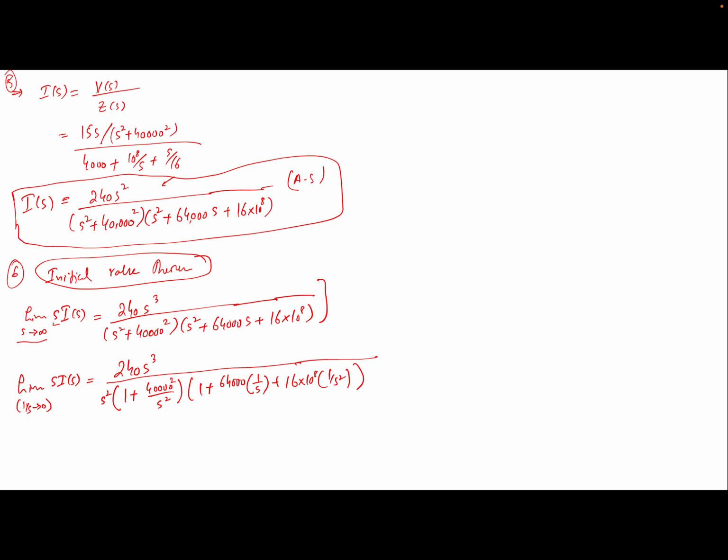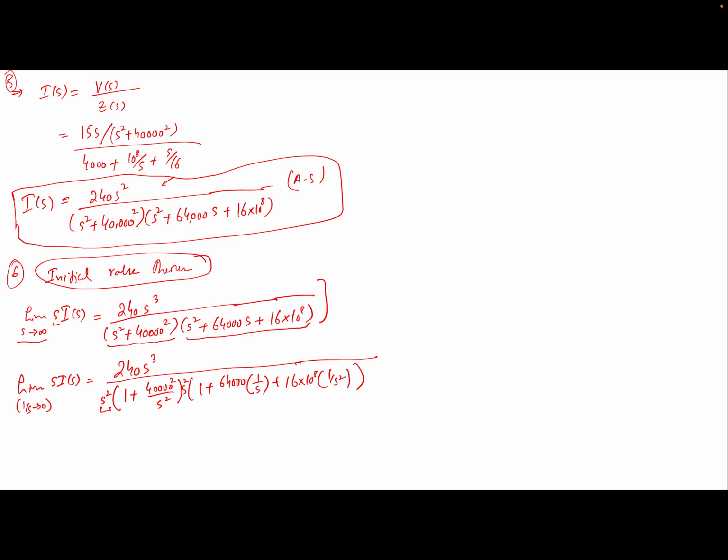So I first took out S squared from the first bracket, and then I also took out S squared from the second bracket, so there should be another S squared here.